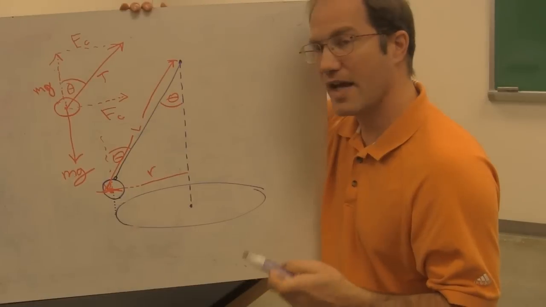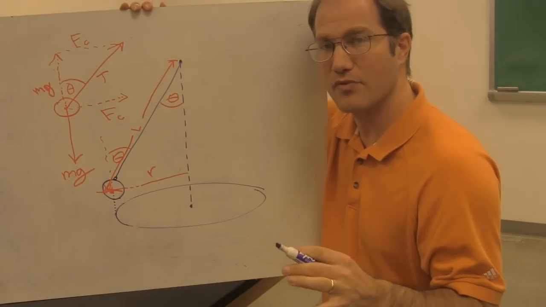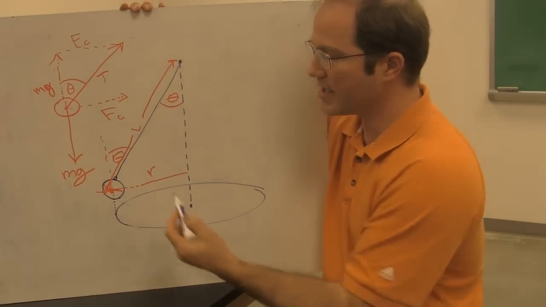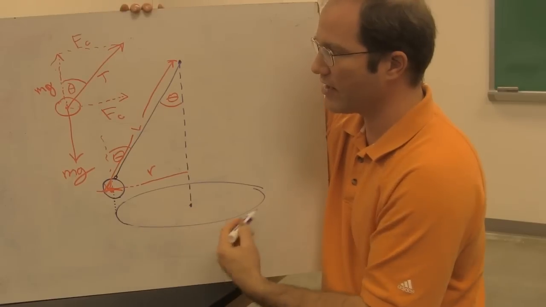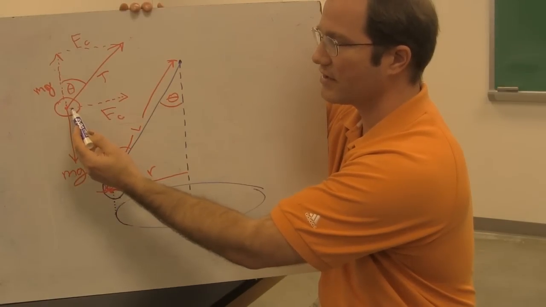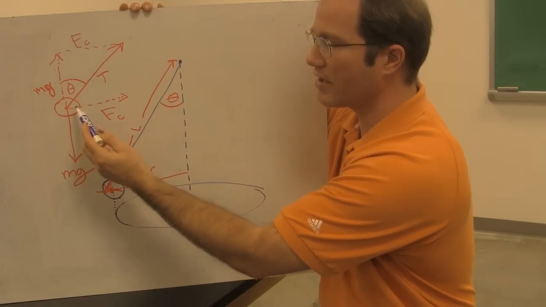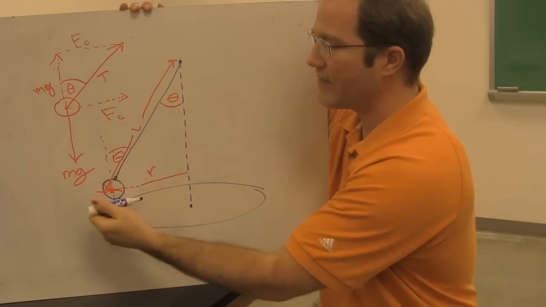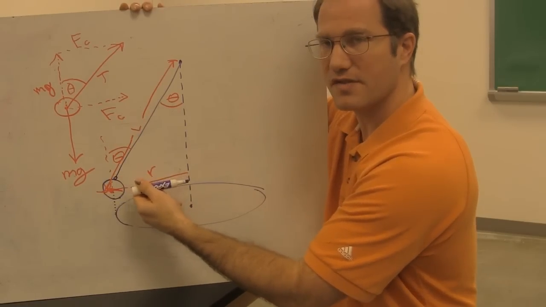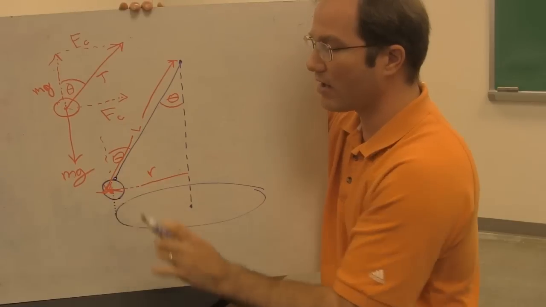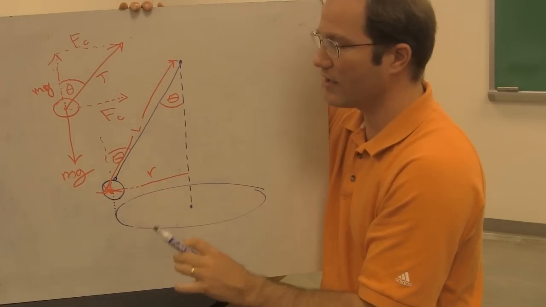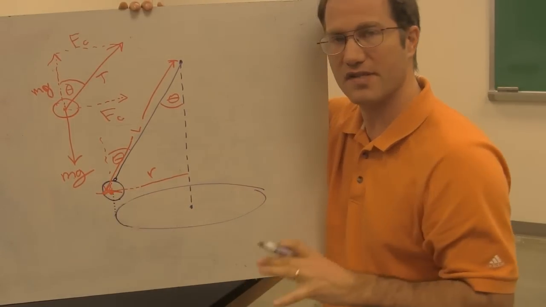Now in activity 2, we're going to determine that centripetal force a little more directly. You see, in this diagram, it's in motion, it's going around. There is a net force, which is the horizontal component of the tension that's directed inward. That's our centripetal force. But what if I really did want to stop the ball and hold it there? Well, in order to keep it from moving, all my forces have to be balanced.